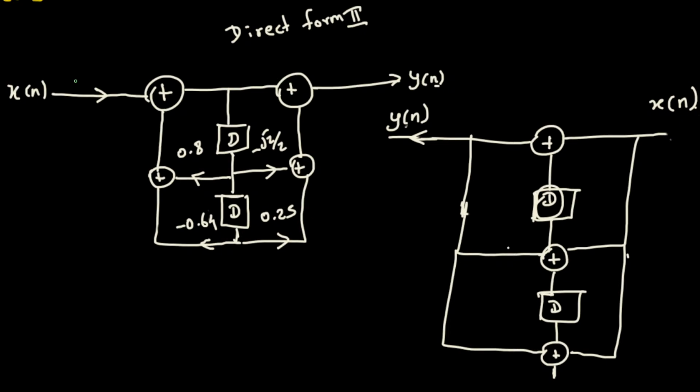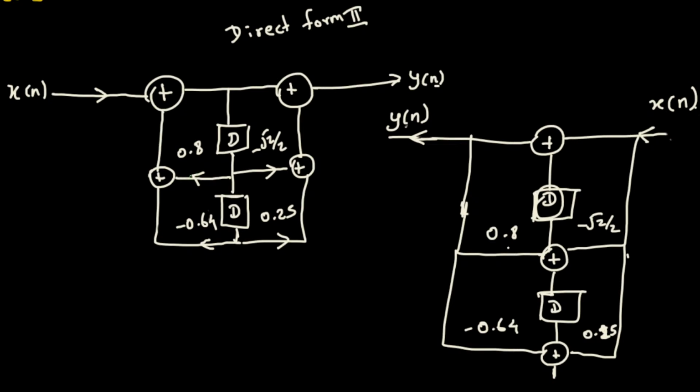x of n is in this direction, so I change the x of n to be this direction right here. I keep the values as they are, 0.8, negative root 2 by 2, and then here negative 0.64, 0.25. The only thing I'm going to change here is the arrow's direction.